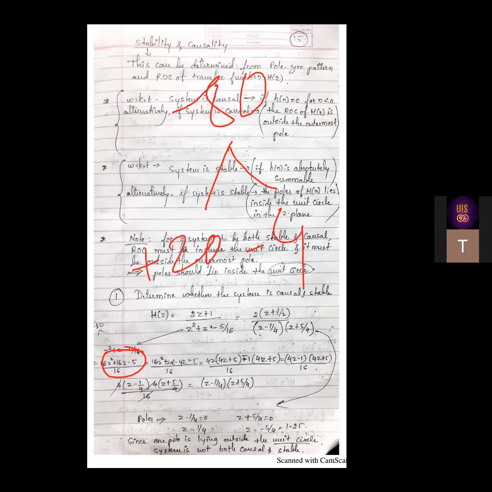Plus 20 and minus 4. You split it, then take 4z common. You will get 4z plus 5 in the bracket. Minus 1 common, then 4z plus 5. Two factors are 4z minus 1 and 4z plus 5.